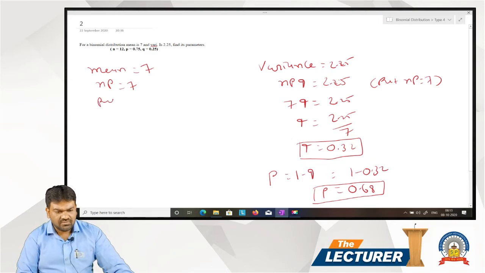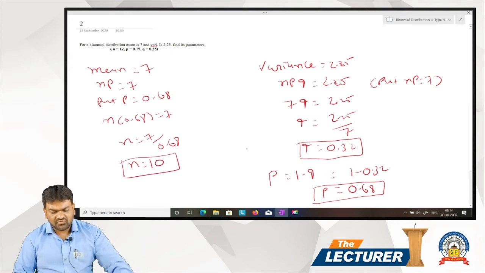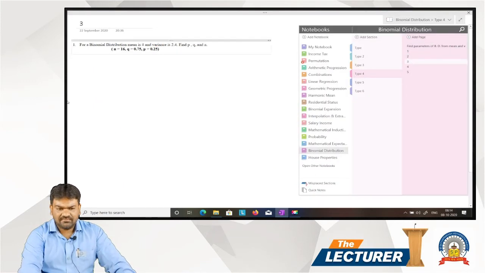Now put p is equal to 0.68, that is n multiplied by 0.68 is equal to 7, n is equal to 7 divided by 0.68, n is equal to 10.29, that is 10. So n is equal to 10, p is equal to 0.68. This is your answer.